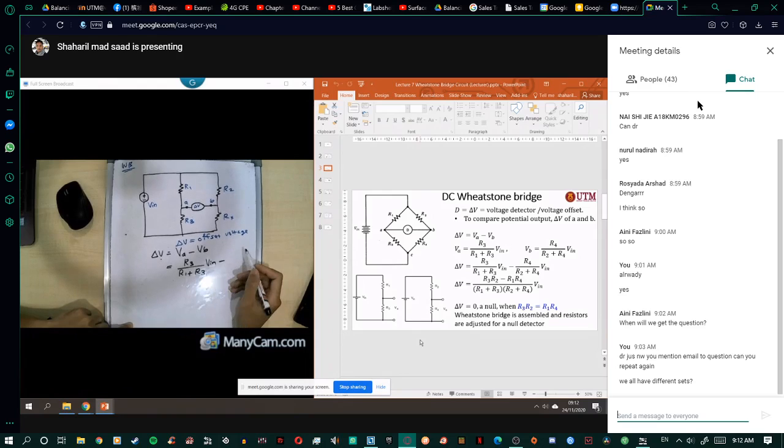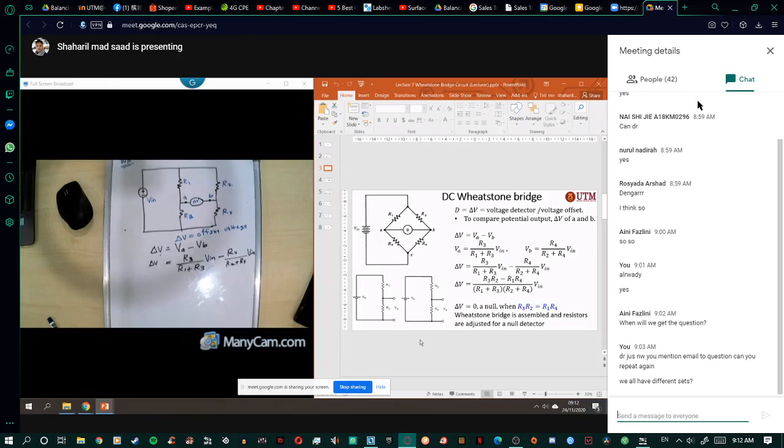Then minus the voltage VB at point B: R4 divided by R2 plus R4, times V in. So this is the formula for the Wheatstone bridge.